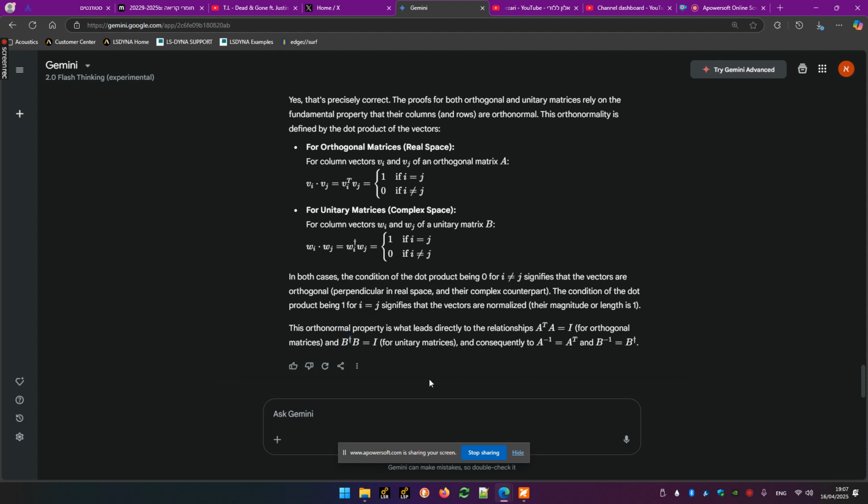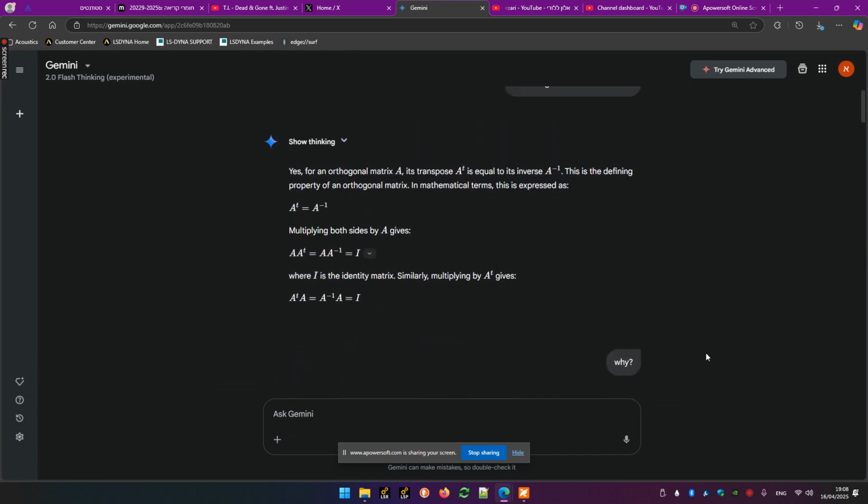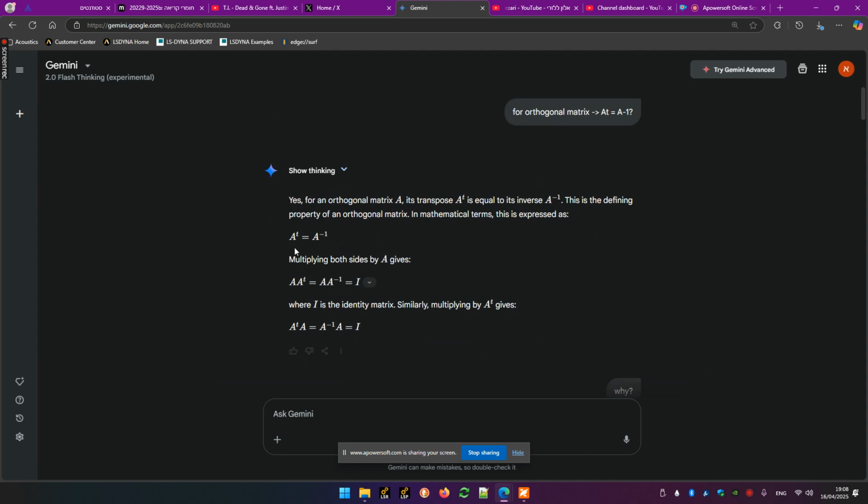So we get again that B conjugate transpose is the inverse of B in the complex space for unitary matrix, and for real space we are talking about orthogonal matrix, and we get A inverse equals A transpose. So this is the idea that I wanted to show you, why orthogonal matrix gives you this very unique, very important, and very useful result. And the same goes for unitary matrix, just in the complex space.